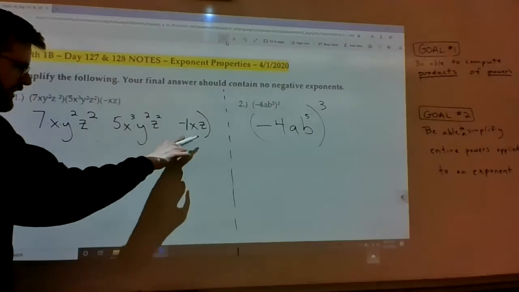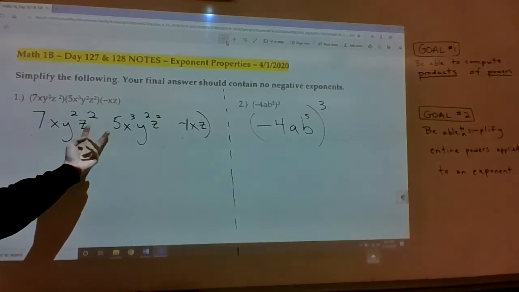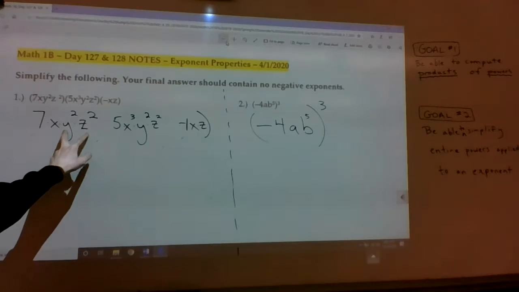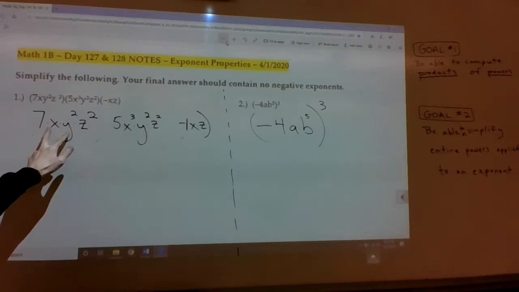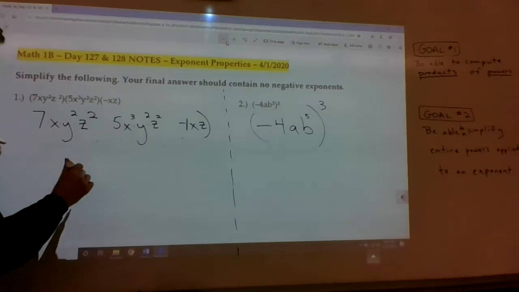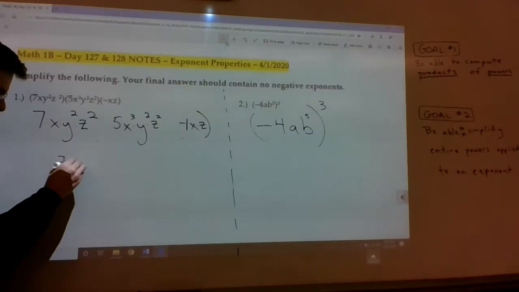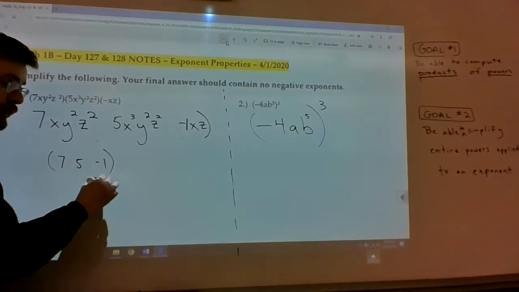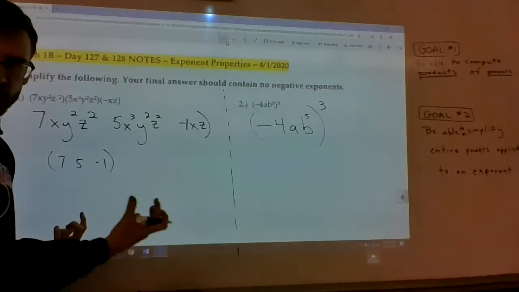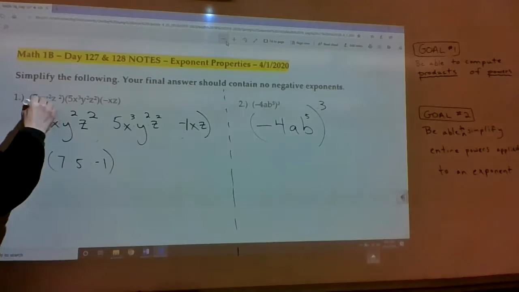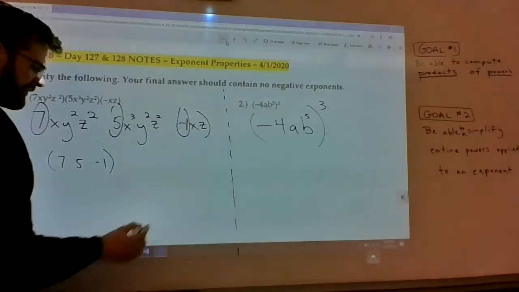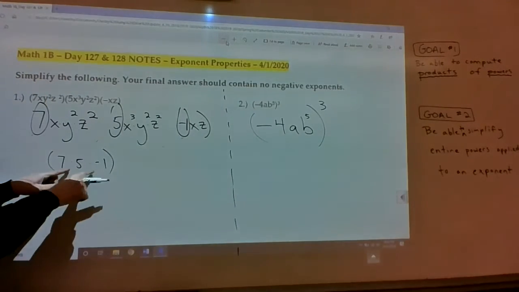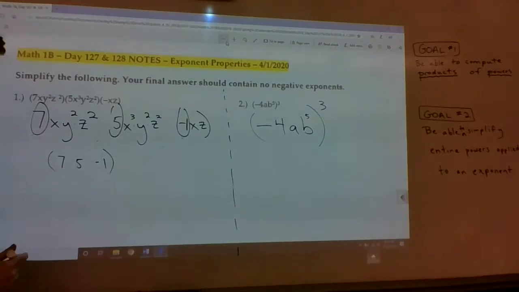Then the 5 and the z squared can flip, the 5 and the y squared can flip, the 5 and the x can flip. So the 7, the 5, and even this negative 1, using the commutative property, can just be multiplied together. This has been reorganized, still multiplication, in that order.